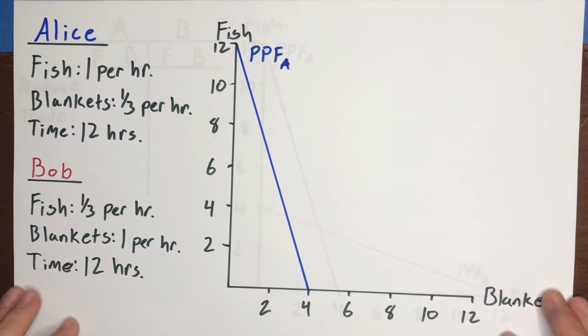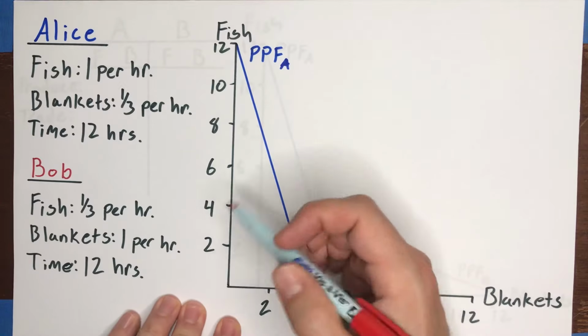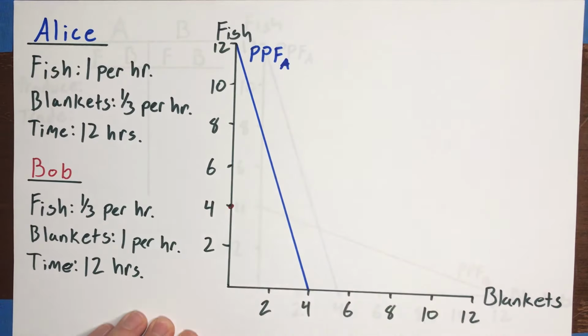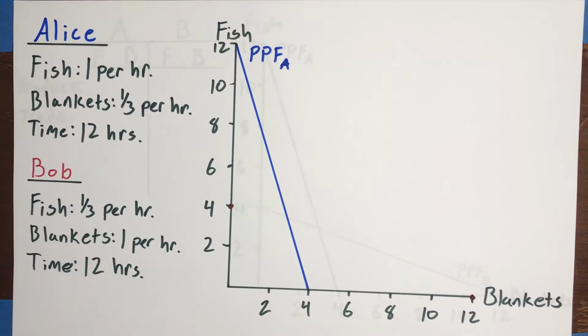So if we put his production possibility frontier up here, we would say if Bob spends all of his time catching fish, well, it takes him 3 hours per fish, he's got 12 hours. He could catch 4 fish doing that. On the other hand, if he spends all of his time weaving blankets, he can produce 1 per hour. He has 12 hours, and so he could produce 12 blankets if he was willing to produce no fish on his own.